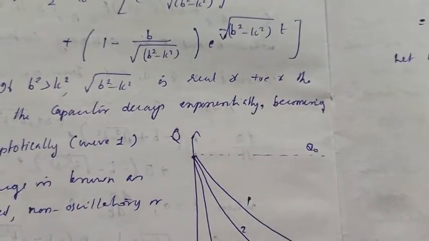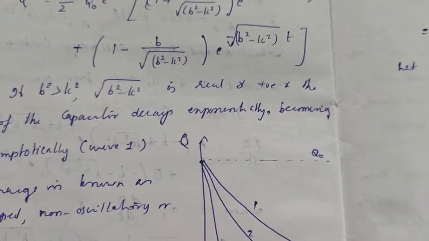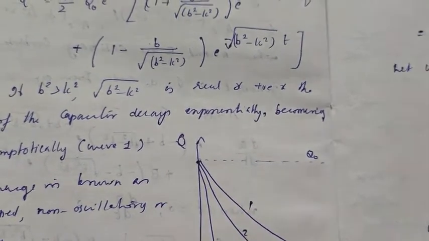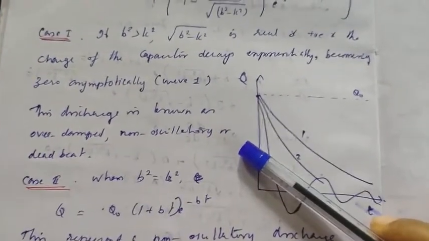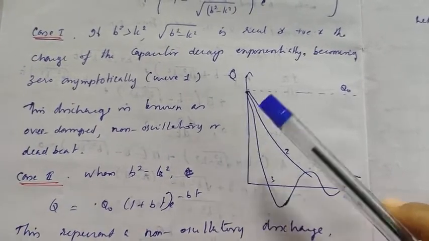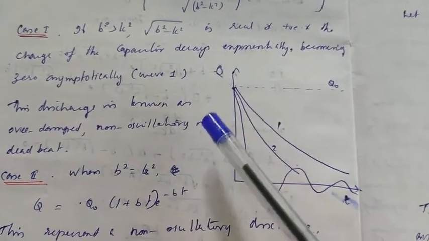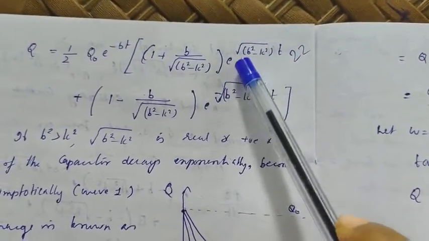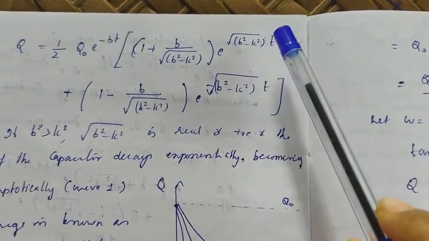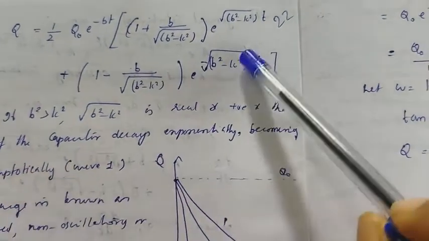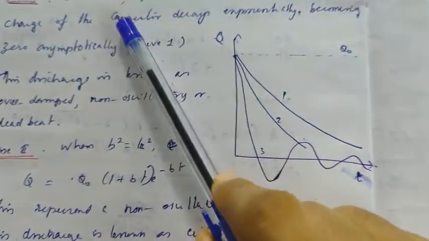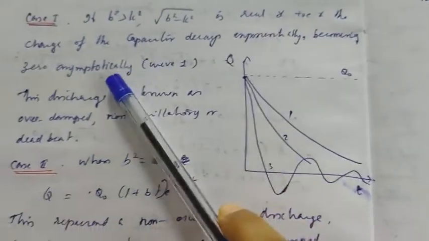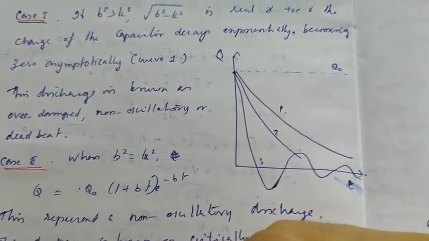Now we have to consider three particular cases of this situation during the discharge. You already know such cases from the damped harmonic oscillator. Here in the exponential term, there is the term square root of b square minus k square into t. According to the values of b and k, the nature of the charge will vary. So these are the three cases.